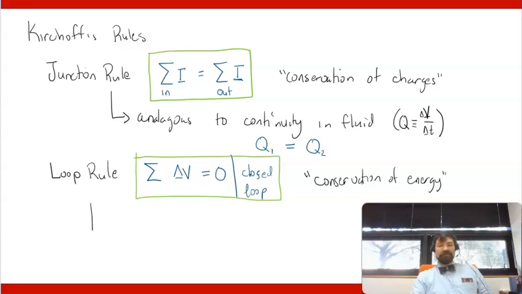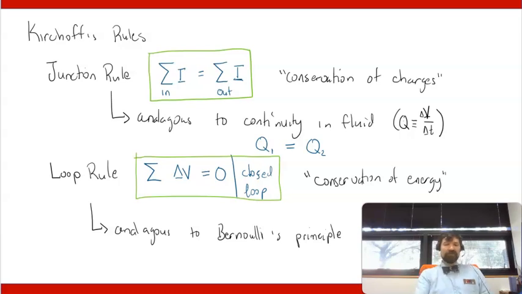But again, if we want something analogous from fluids, this is most nearly analogous to the Bernoulli principle. Bernoulli's principle relates pressure differences to fluid flow rate, really to kinetic energy and to changes in height of your fluid. That is your analogous principle from fluids.